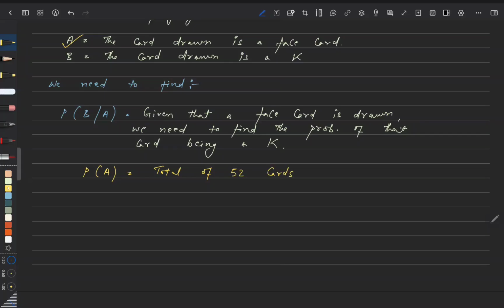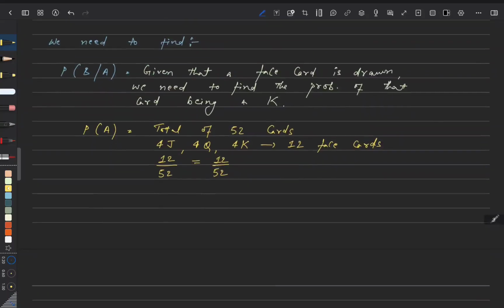Out of those 52 cards, how many face cards do we have? We have 4 J's, 4 Q's, and 4 K's. So that gives us 12 face cards. Now what is the probability? It is 12 over 52. Let us not simplify it, but simply write it 12 by 52 for now.